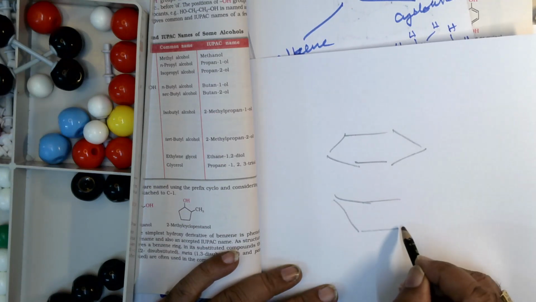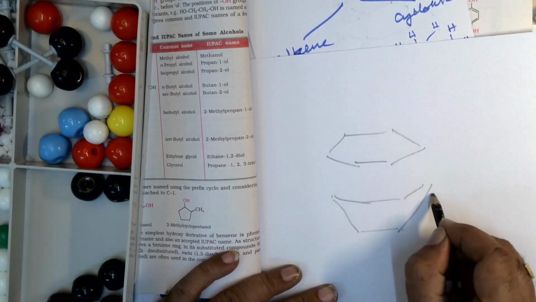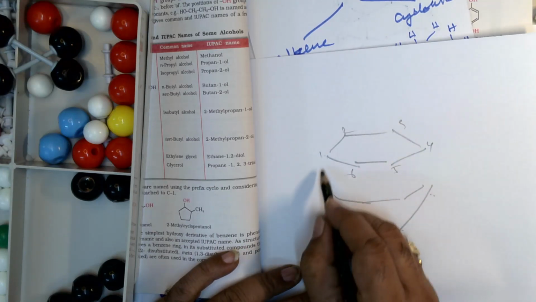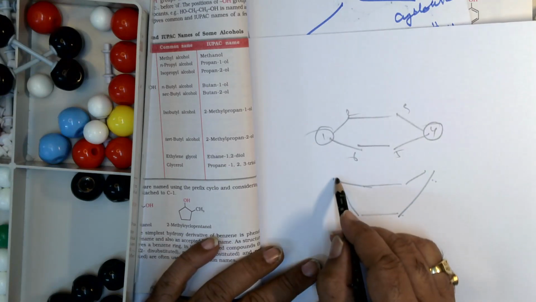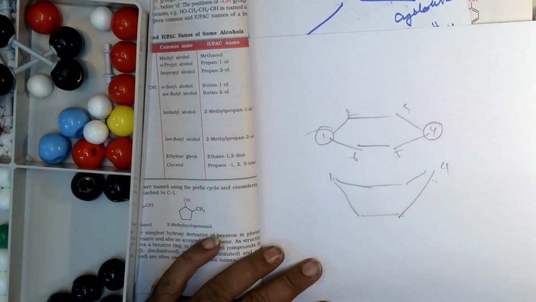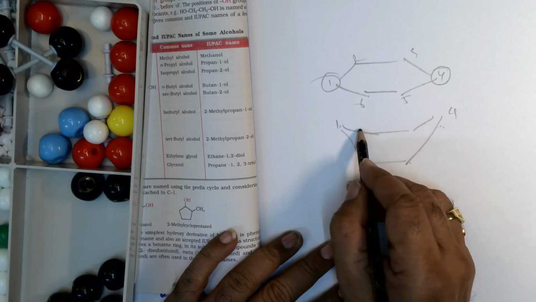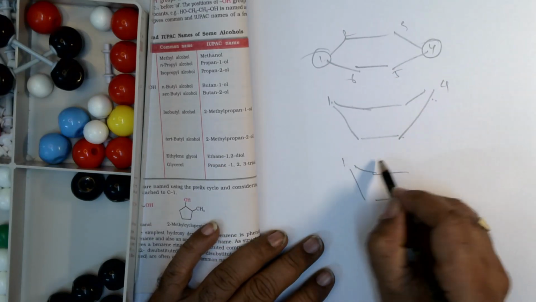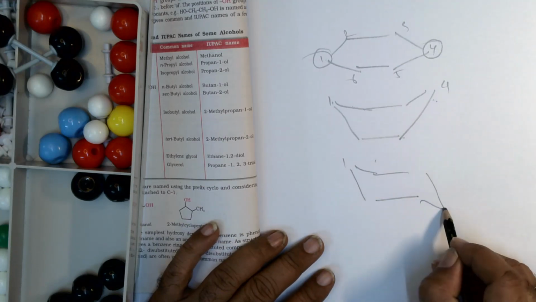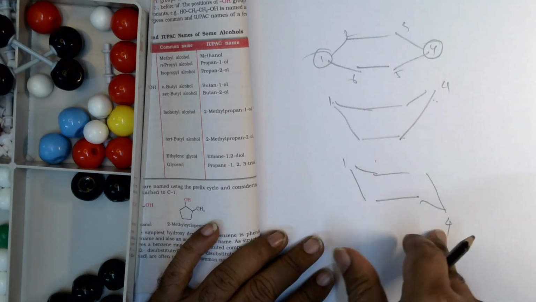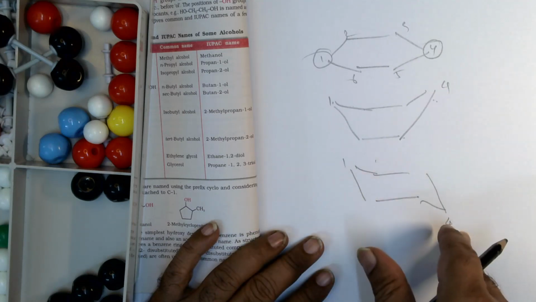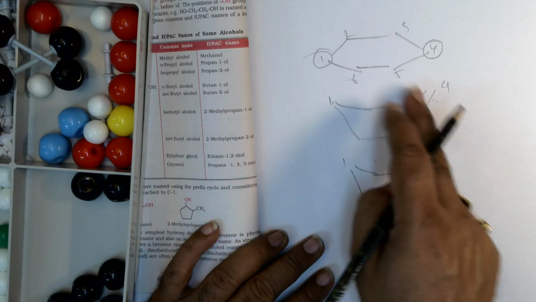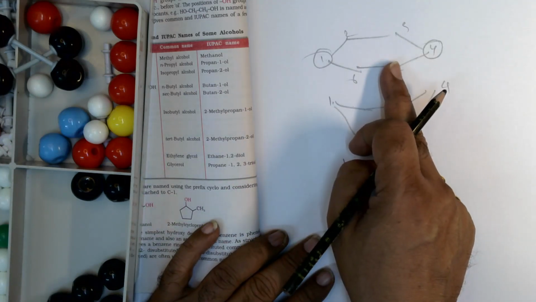It forms a boat form like this, two upward. Let me indicate by one, two, three, four, five, six. So the first carbon atom and fourth carbon atom go out of the plane on the same side. Now, there also it has got some strain. So what happens? One goes upward, and the fourth one will come downward. I hope now you should be able to understand that. In order to have better stability, it forms such a type of chair form. So this is called chair form, this is called boat form, and this is ruled out because of the strain.